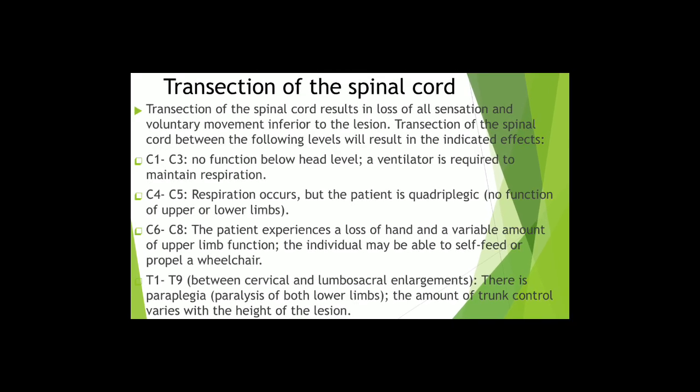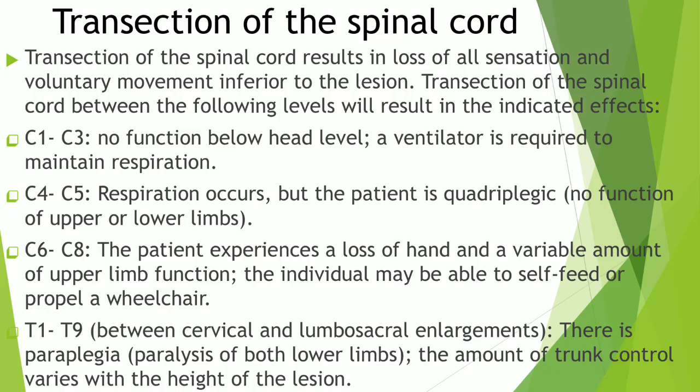What about a lesion at T10 to L1 level, that's between the 10th thoracic vertebra and the first lumbar vertebra? What happens to that patient? That patient is still going to suffer. If we have some thigh muscle function, he might be able to walk with long leg braces. You see him limping with some kind of long leg braces.